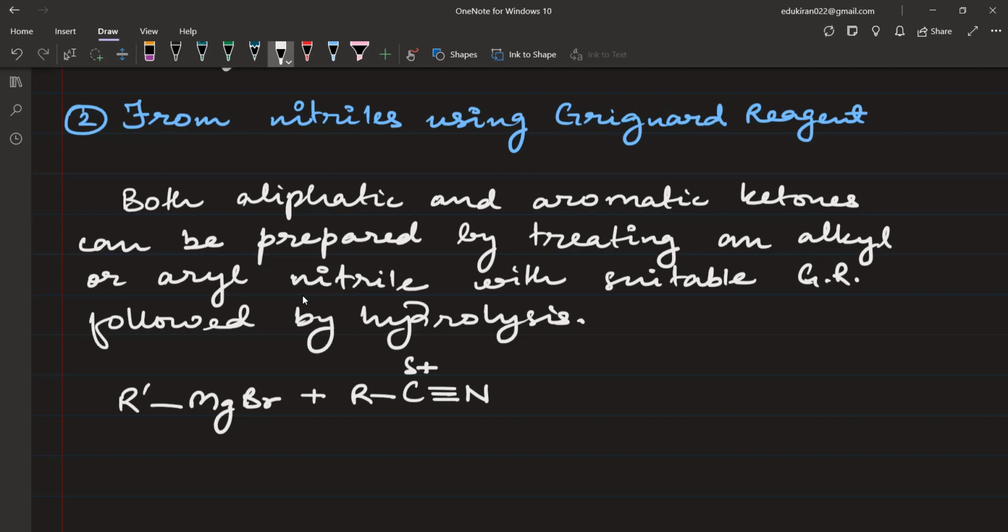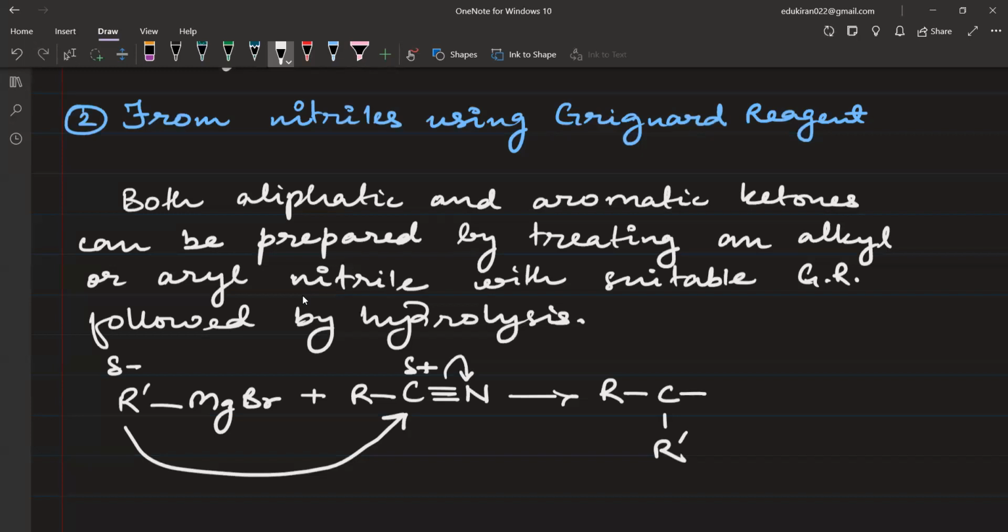Nitrogen is a very electronegative element. Now this R' group is connected to a metal, that's why it is delta negative. So this R' attacks on this carbon atom. So you will get R, C, R', and as soon as it attacks, it breaks a bond with nitrogen like this. You will get C double bond N, and then N will be connected with MgBr now.